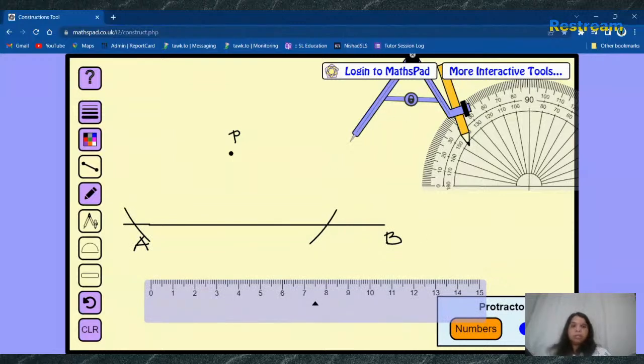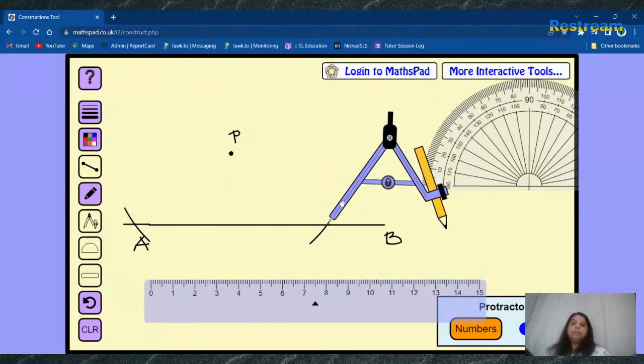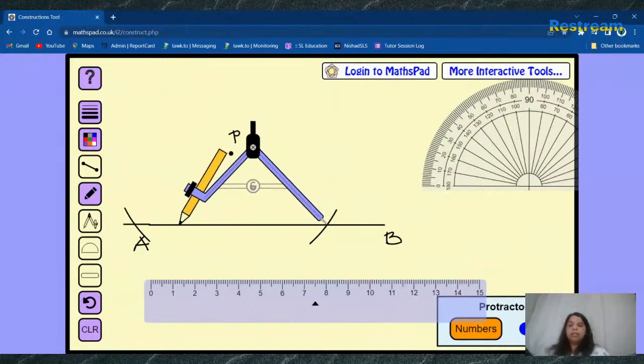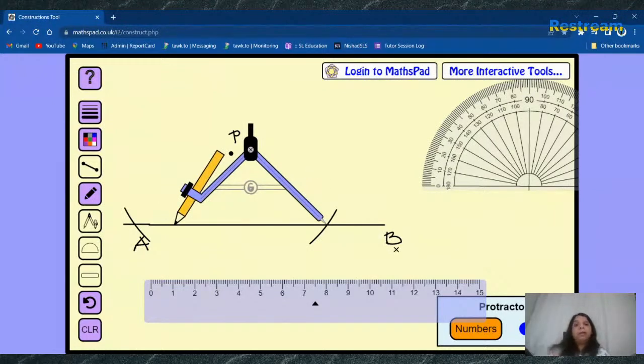So now again we have created points A1 and B1, and we know that this P is going to lie on the perpendicular bisector of that A1 B1. So this one here.